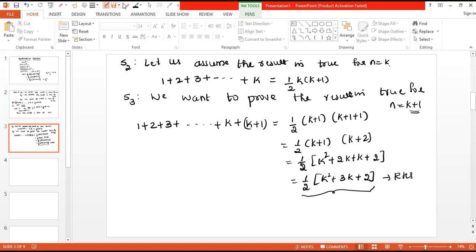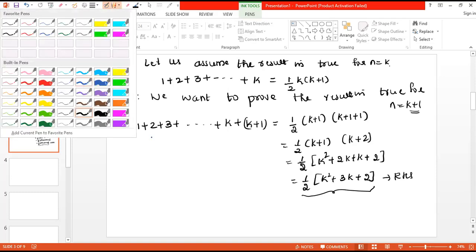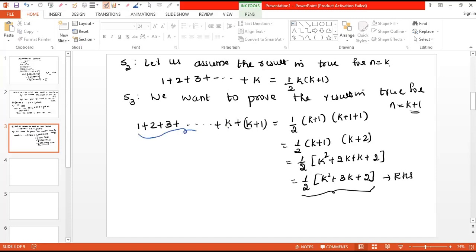Now if you observe the LHS carefully, from step 2, the result 1 to k is nothing but half k into k plus 1, and then plus you have got an extra term, that is k plus 1. If I simplify this on the LHS and get the RHS, then I can say that this result is true for n equal to k plus 1.